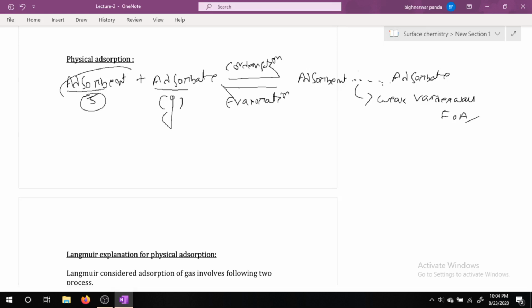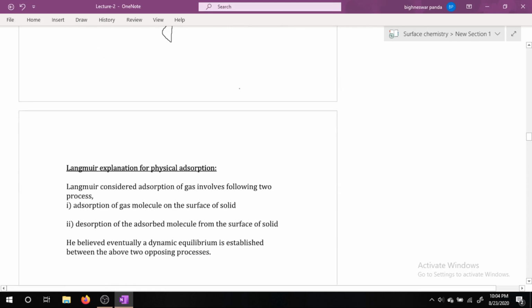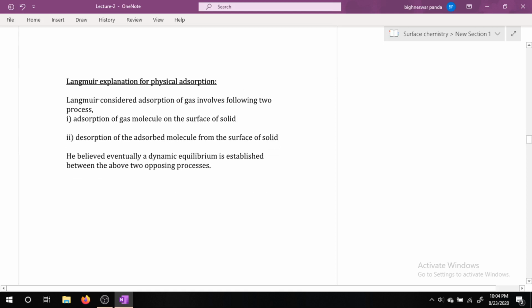So Langmuir considered this equilibrium and explained the adsorption isotherm. So what is Langmuir? Langmuir explains for physical adsorption. Langmuir considered adsorption of gas involves the following two processes: adsorption of gas molecules on the surface of solid, and desorption of the adsorbed molecule from the surface of solid.